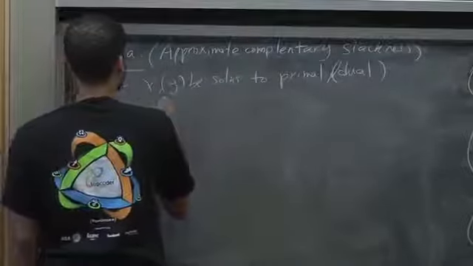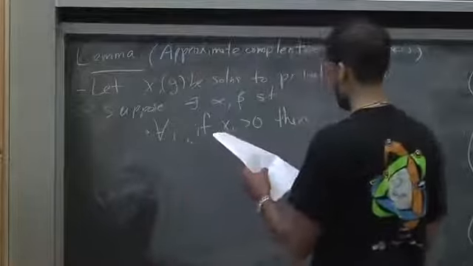Suppose there exist alpha and beta such that for all i, if xi is greater than 0, then what do we know?